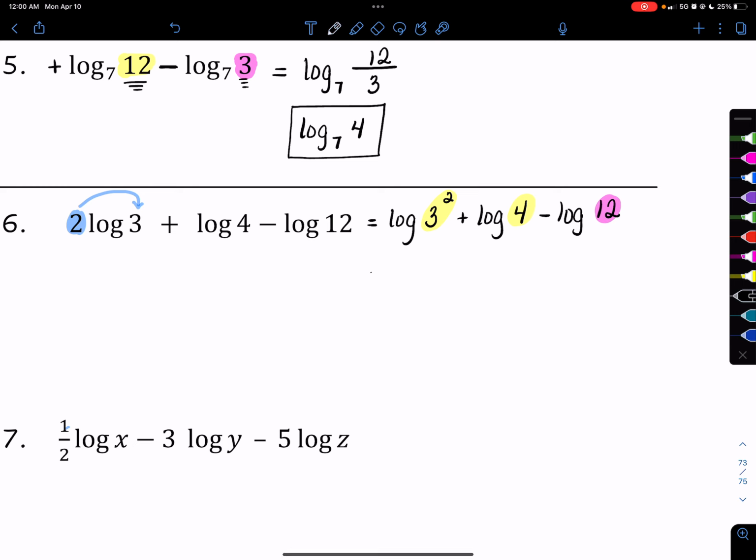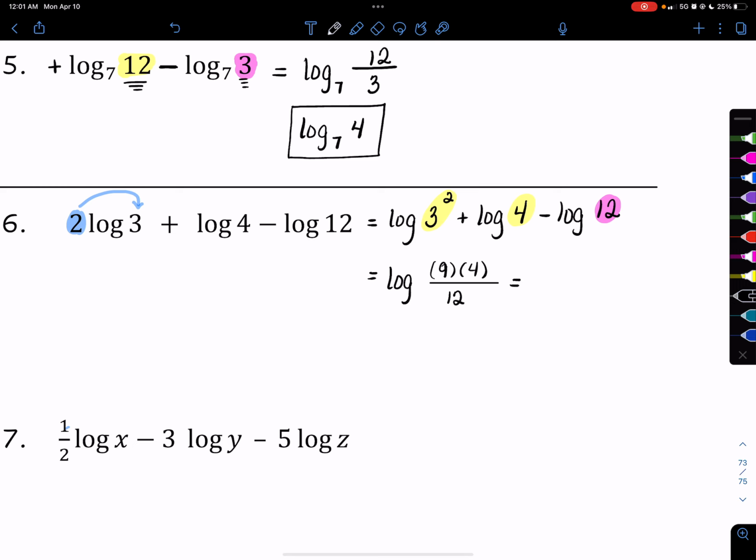So we'll rewrite this with the same base. So log base 10, in the numerator, 3 squared makes 9 times 4, and in the denominator, 12.